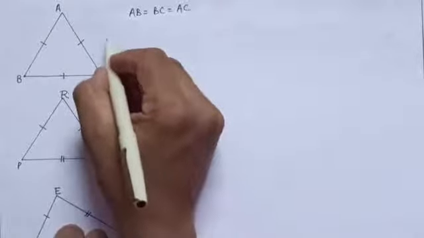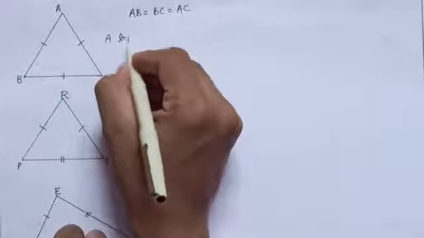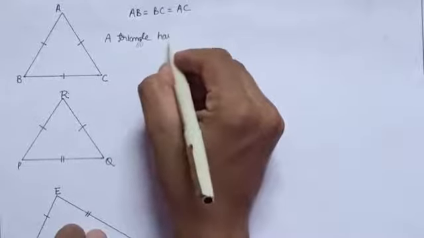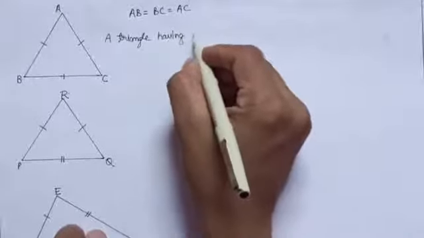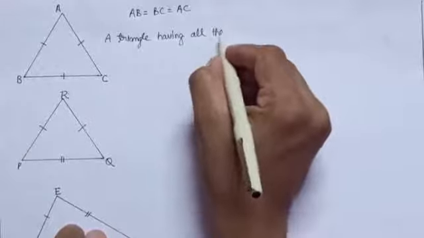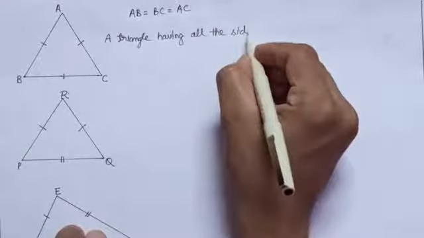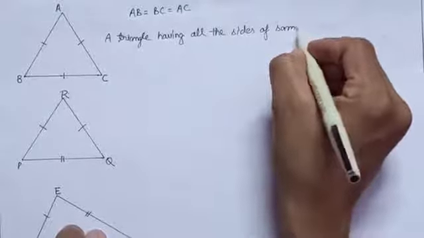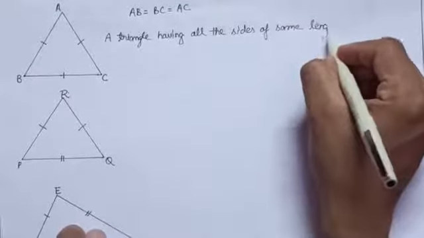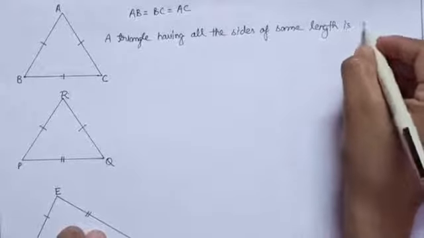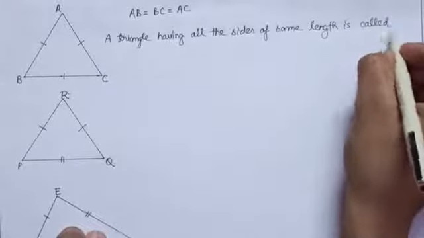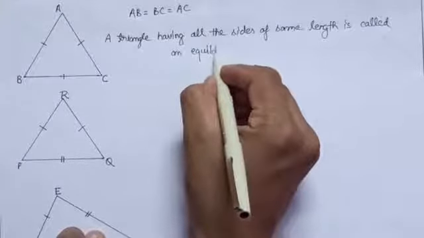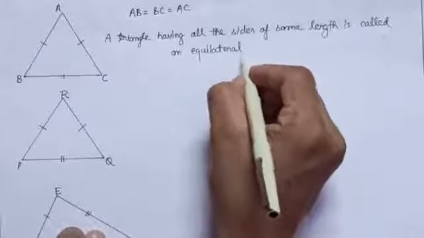A triangle having all sides of the same length is called an equilateral triangle.